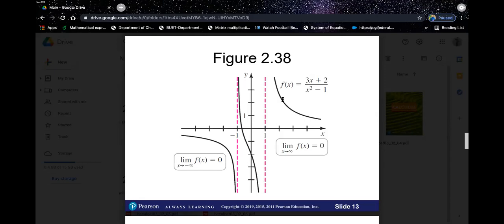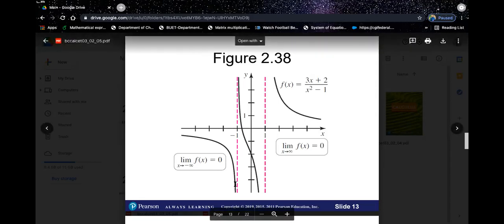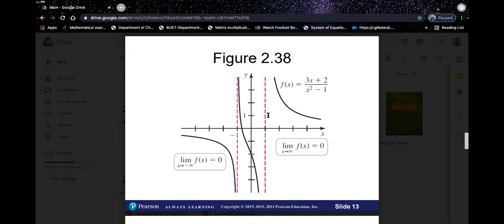It's going on and on, in this direction, and in this direction. So it's continuous everywhere else. It's just not continuous at these 2 points, because for these 2 points, our denominator becomes 0.